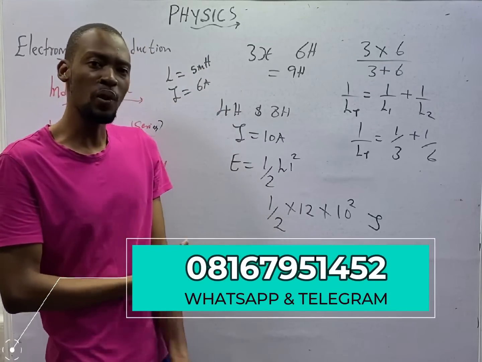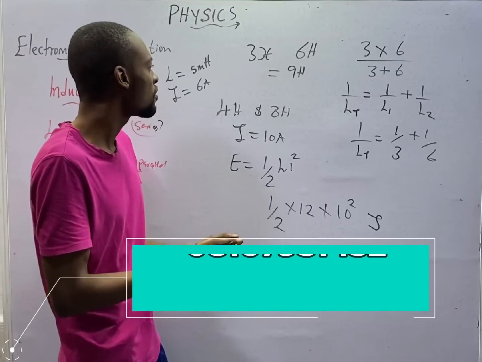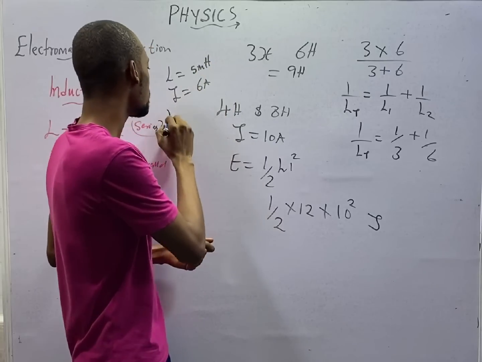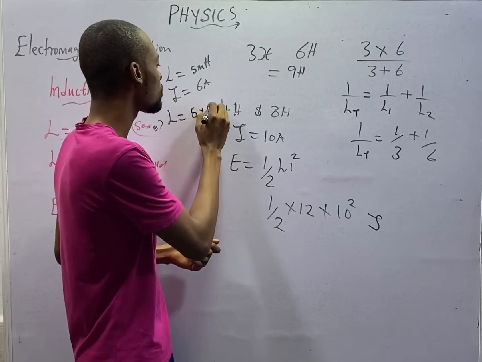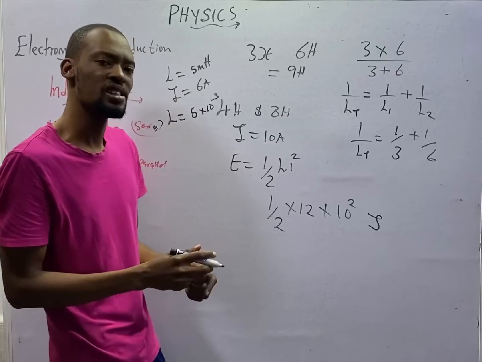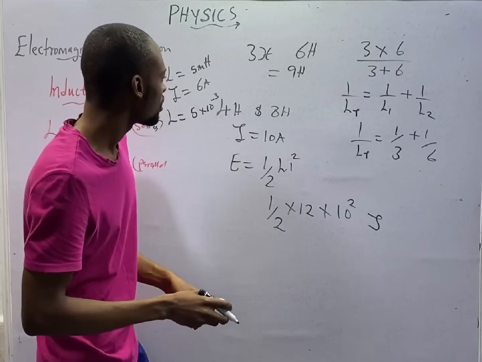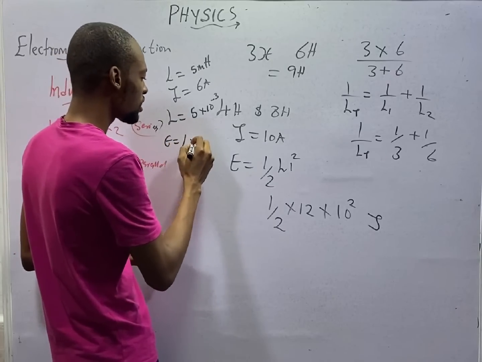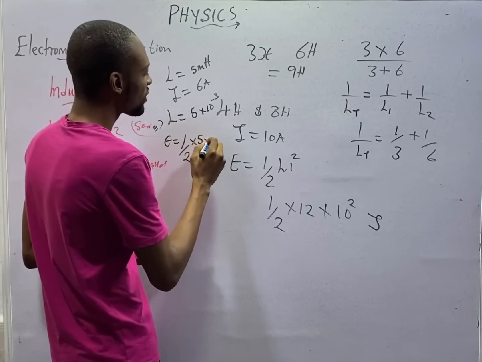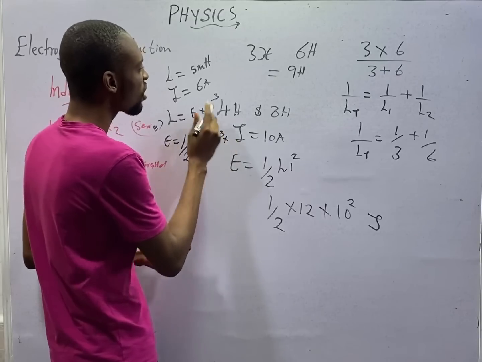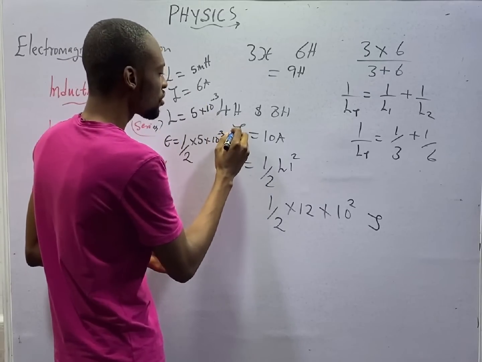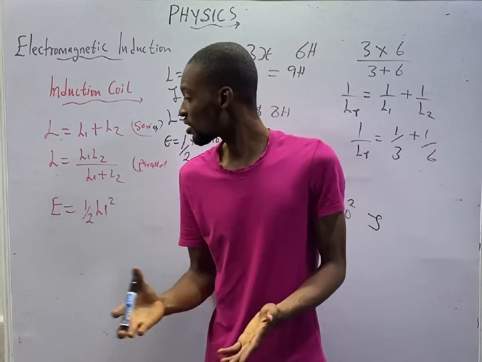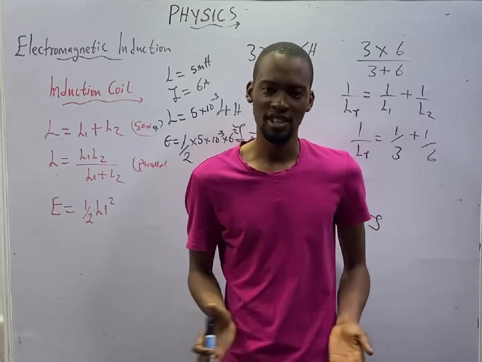We need to convert to Henry because it is more appropriate to solve in Henry. To convert from millihenry to Henry, it is 5 times 10 to the power of minus 3, because milli is times 10 to the power of minus 3. The energy stored is therefore 1 over 2 times inductance 5 times 10 to the power of minus 3 times current 6 squared. That is basically it. There is nothing difficult under inductors, induction coil, and energy stored in an inductor.